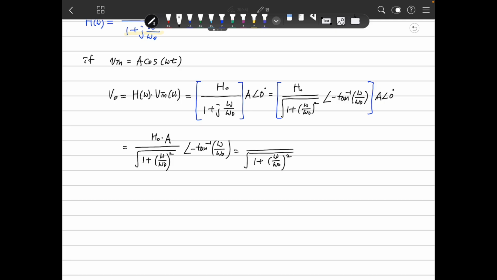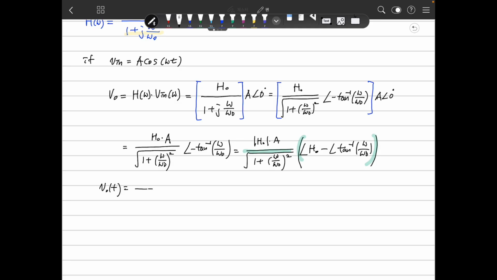Now we change the magnitude to H0 and A over the square root of 1 plus omega over omega 0 squared, and the phase angle is the phase of H0 minus arctangent omega over omega 0. So from here we get VO in the time domain. This is the magnitude and this is the phase angle.